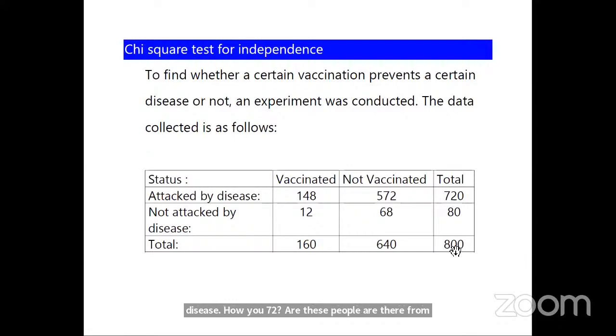From the sample size of 800, 572 are identified like this, that they are not vaccinated and attacked by the disease. 12 people are vaccinated and not attacked by the disease. And not vaccinated and not attacked by the disease are 68. Okay, so here in all we have a sample of 800.